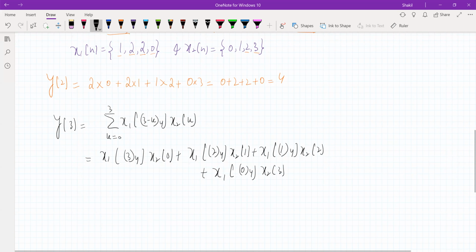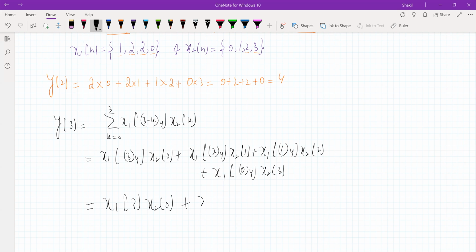Now let me first evaluate this. So 3 modulo 4 will be 3, x2 of 0, plus x1 of 2 modulo 4 will be 2, x2 of 1, plus x1 of 1 modulo 4 is 1, x2 of 2, plus x1 of 0 modulo 4 is 0, x2 of 3.